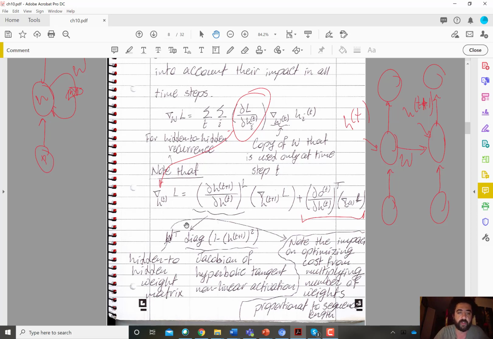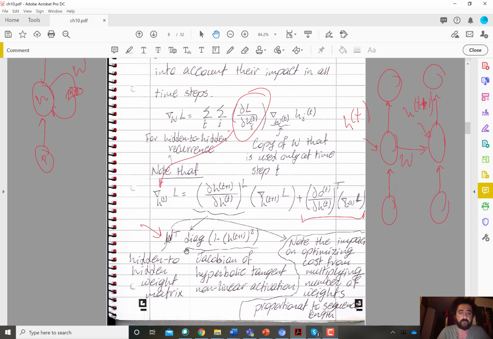So in this part right here, we take an example of the hyperbolic tangent nonlinear activation, which is a common activation used in recurrent neural networks, and it is common for the specific reason of avoiding the vanishing and exploding gradients because the weight parameters get raised by high power, right?